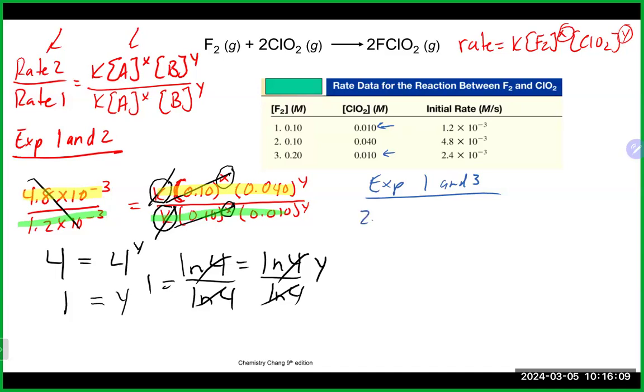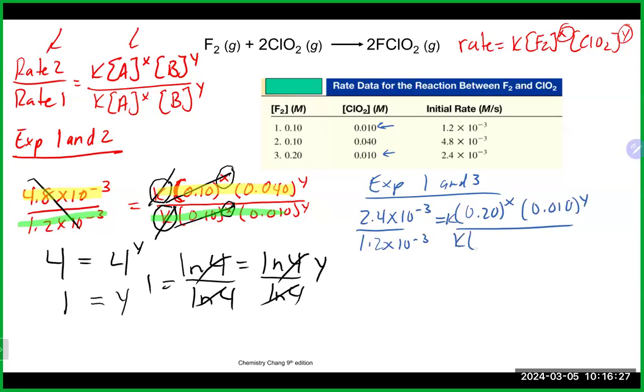We're going to do 2.4 times 10 to the minus 3 equals k times 0.2 to the x, 0.01 to the y, divided by our number 1, which is 1.2 times 10 to the minus 3, our k, 0.10 to the x, and 0.01 to the y.